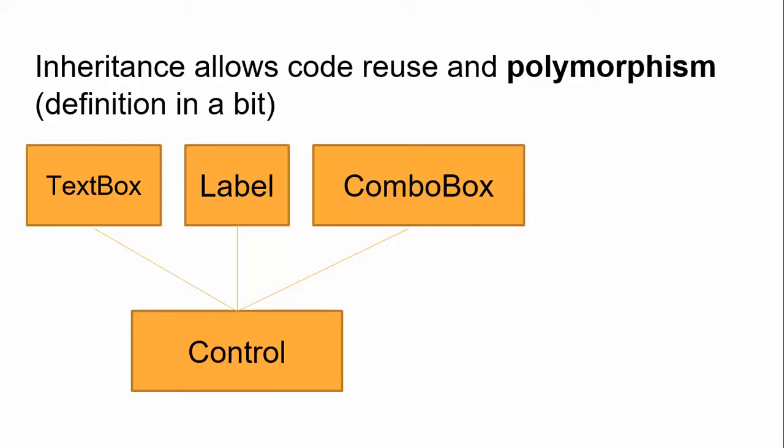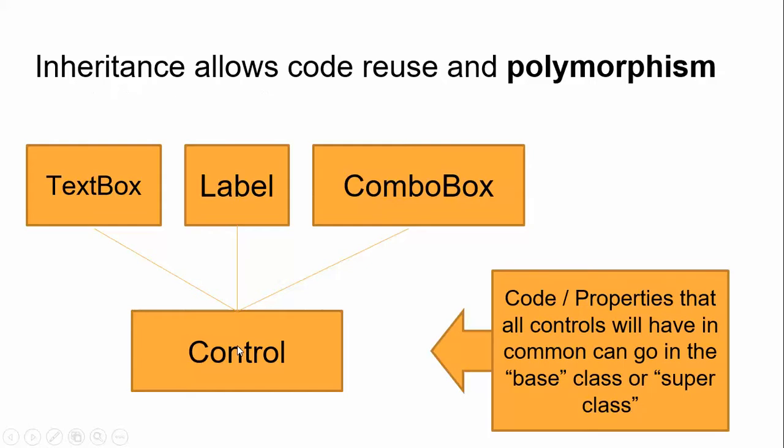So what inheritance allows you to do is reuse existing code and also treat different types of objects as though they're the same type of object. That's what polymorphism is. So a text box, a label, and a combo box, those are all controls. They're all types of controls. And they all share common properties because all of those common properties are inherited from the common base class, which in this case is control.